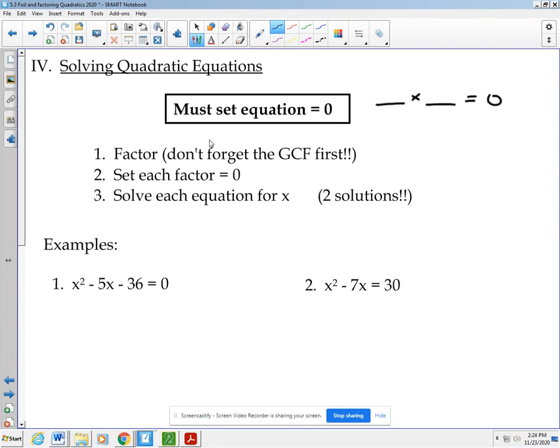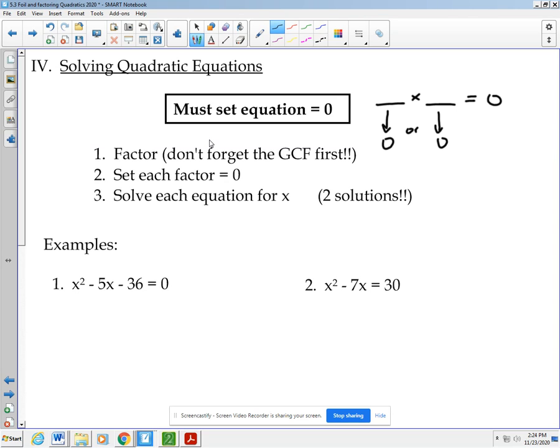Can you guess one of the numbers? The answer is yes. If the product is zero, this number is zero, or this number is zero, or both numbers are zeros. Why? Because anything times zero will give you zero.